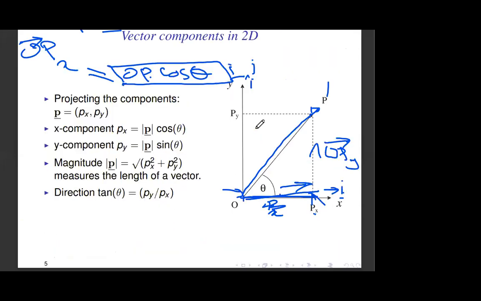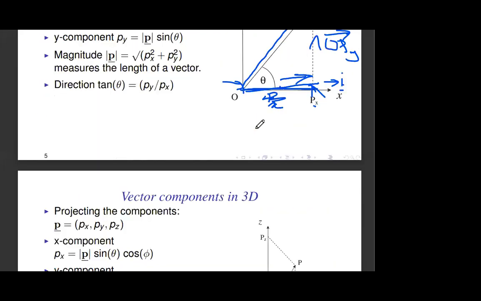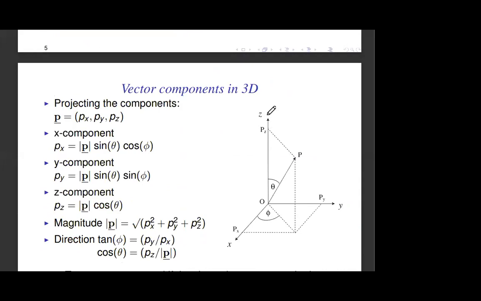Let's consider a three-dimensional vector. That means now you have three axes: OX, OY, and a perpendicular axis, OZ. Did we learn 3D vectors in A level?